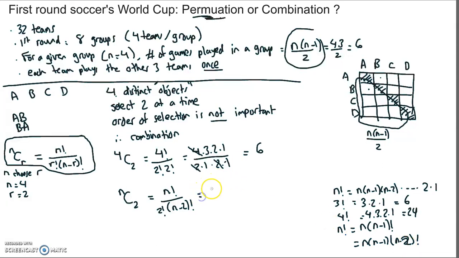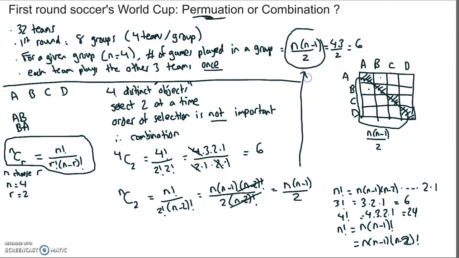So this equals n times n minus 1 times factorial of n minus 2 divided by factorial 2. Factorial of 2 is equal to 2. And factorial n minus 2 is unchanged. This term will cancel out with this term, and we're left with n times n minus 1 divided by 2. And this is the same formula that we derived before.